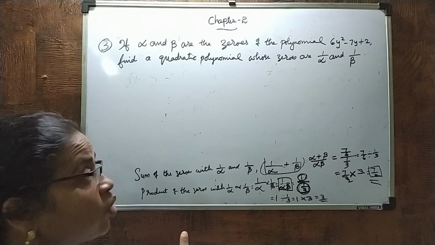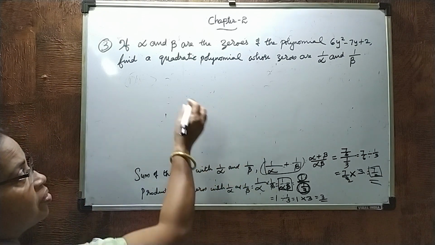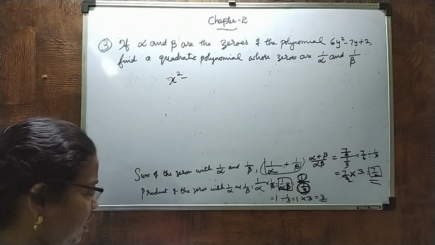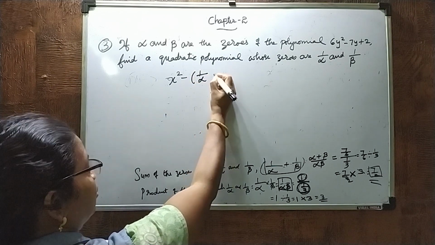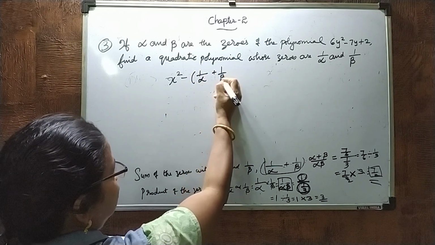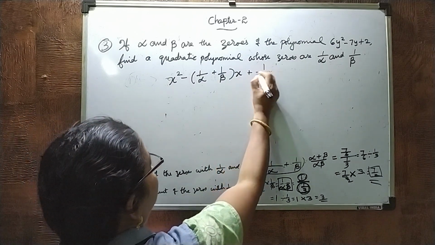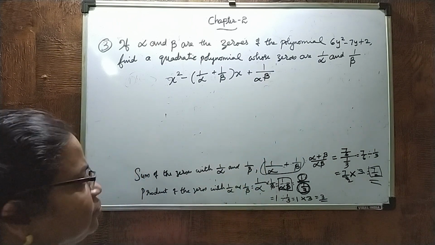Already we wrote the quadratic form. The form of the quadratic is x square minus, as we did already in equation number 1, 1 by alpha plus 1 by beta into x plus 1 by alpha beta.